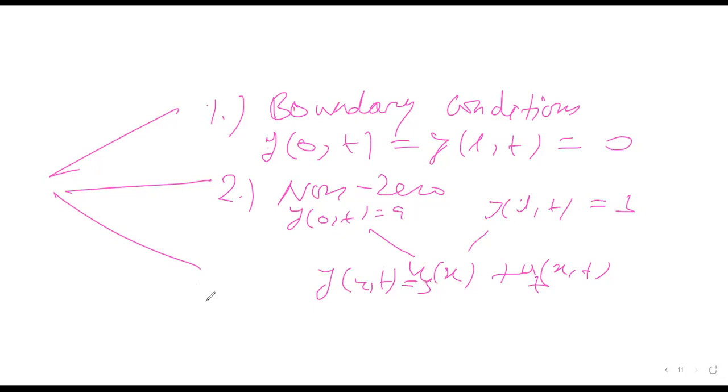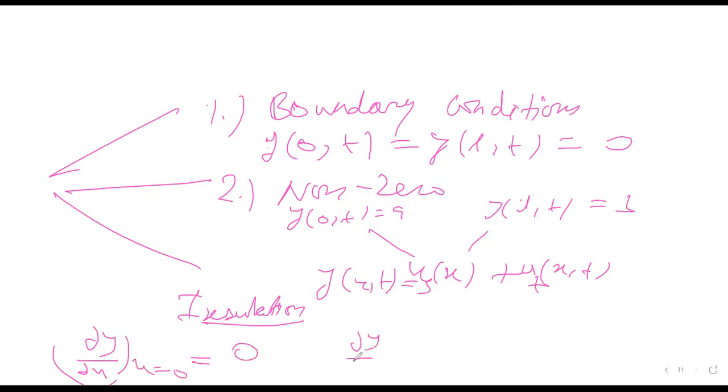You divide the whole solution in two forms, right? Now the third case will be case of insulation. Let's say no boundary condition is given, but it is said that both of the boundaries are insulated. So that will mean del y by del x at x equal to 0 is equal to 0, and del y by del x at x equal to l is equal to 0.